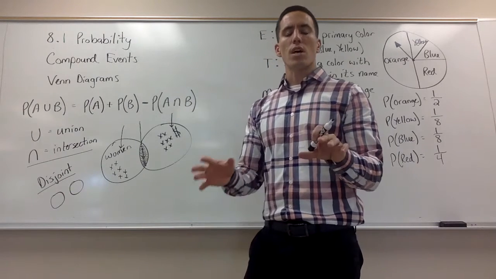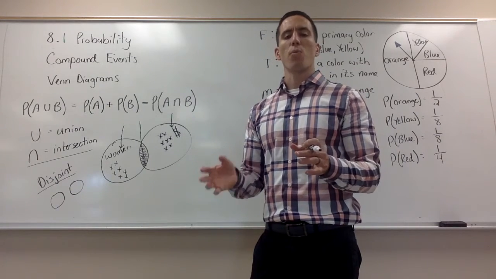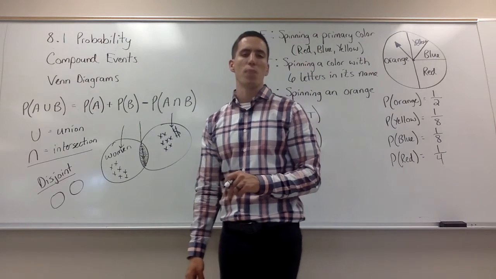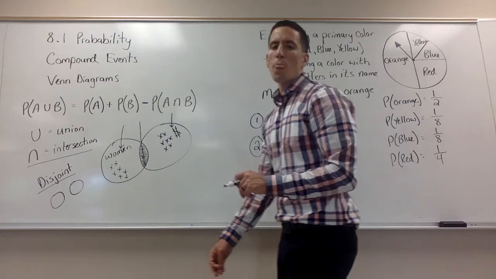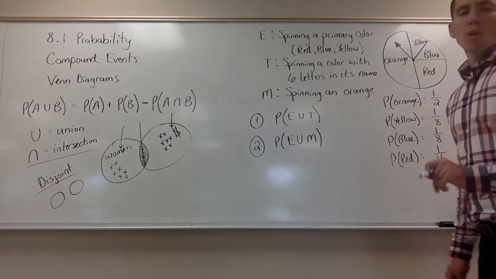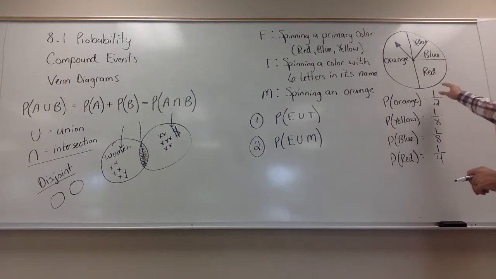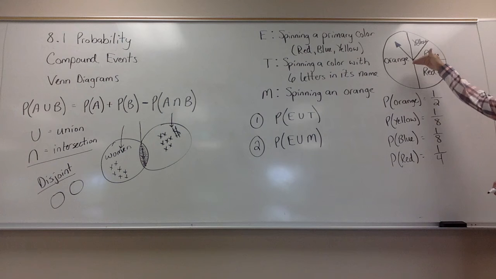Let's try to make this a little bit more specific by way of looking at an example. And I think that based on this example, you'll be able to understand the concepts a lot more. This is similar to one of the examples found in the book, but see if you can follow along with this. I have here drawn a spinner. So think that I'm going to spin this arrow and it's going to land on one of these colors.